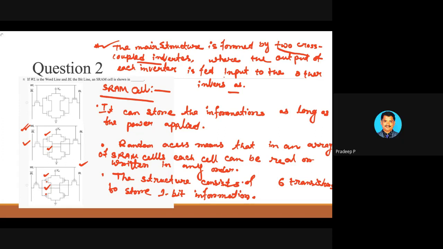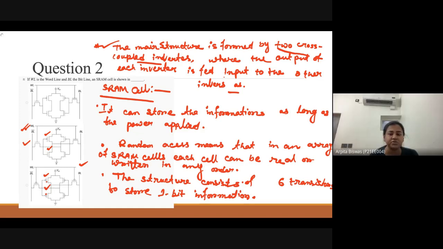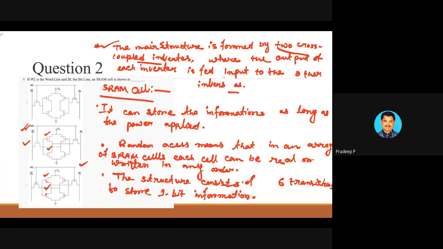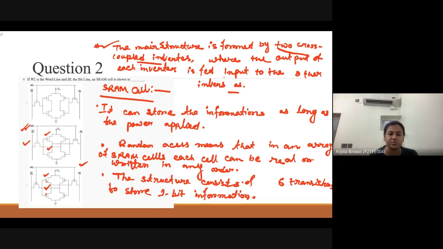Even in SRAM, for a short duration data will be stored at the output capacitance, madam. So for both cases, for a short time it can be accessed like a volatile memory. Correct.